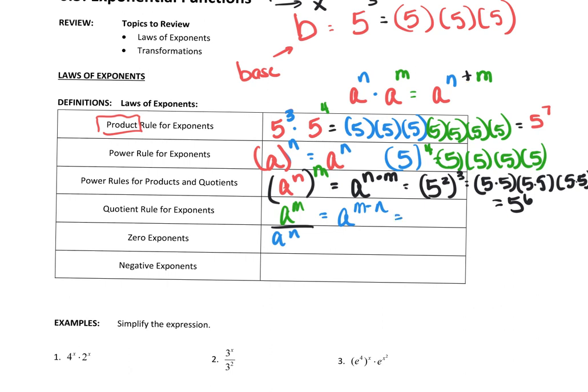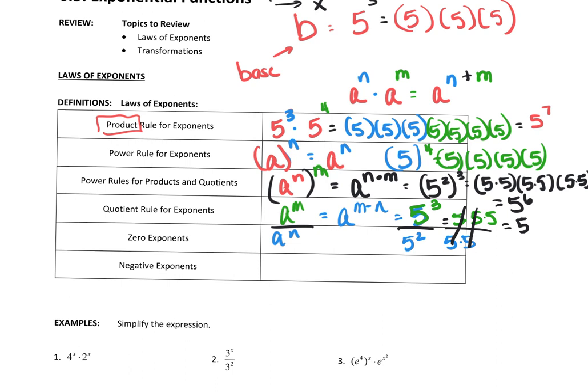Let's say I have 5 cubed on top over 5 squared on the bottom. Well, what that sets up is, top is 5 times 5 times 5. The bottom is 5 times 5. Remember, these are going to just cancel because they're the same. So literally what you did, you subtract the bottom from the top and you got 5 to the first.